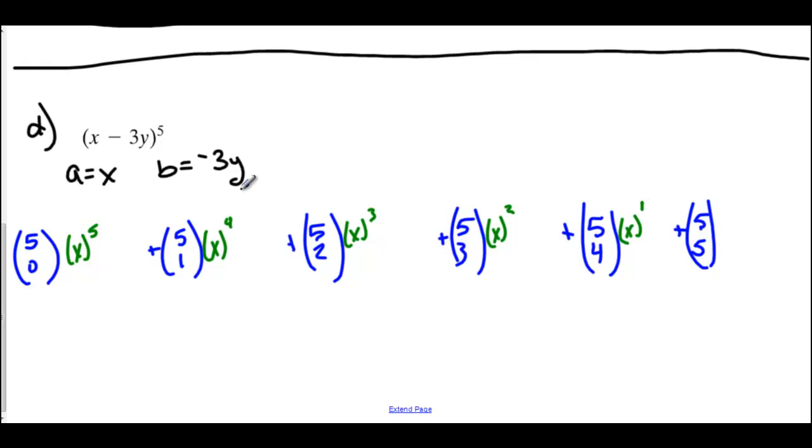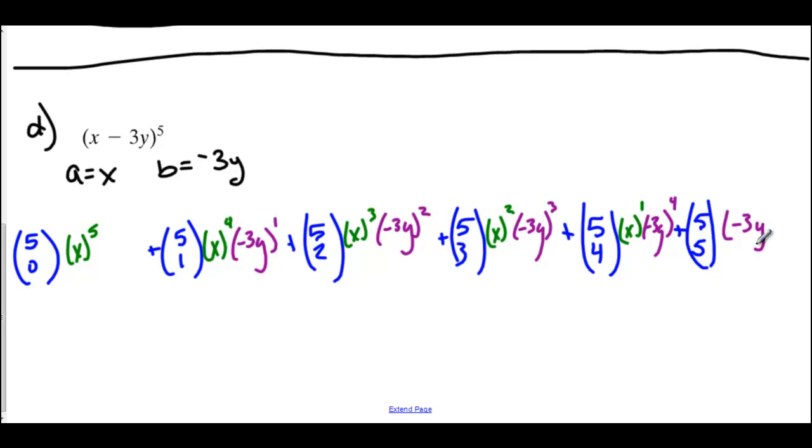And then for the b, that negative 3y, we technically have negative 3y to the 0 here, but we won't write it. Then we have negative 3y to the 1st power, negative 3y squared, negative 3y cubed, negative 3y to the 4th, and negative 3y to the 5th.